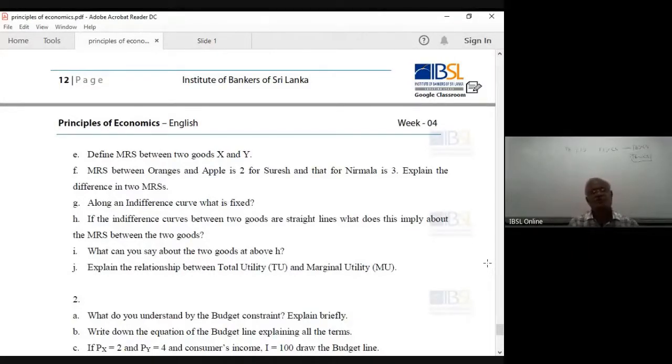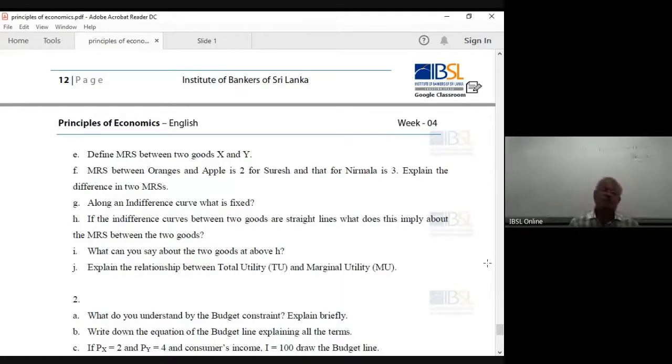MRS between oranges and apples is 2 for Suresh and 3 for Nirmala. Explain the difference in the two MRSs.